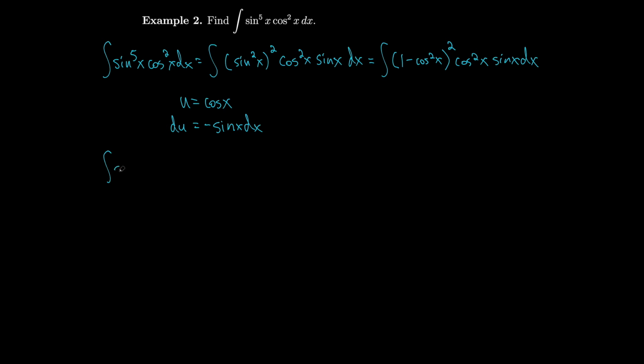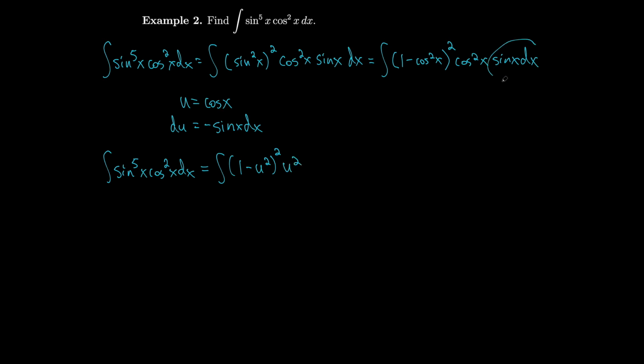So our integral, sine to the 5th cosine squared, becomes the integral of 1 minus u squared, times, I'll have to square that also, almost forgot, times u squared.